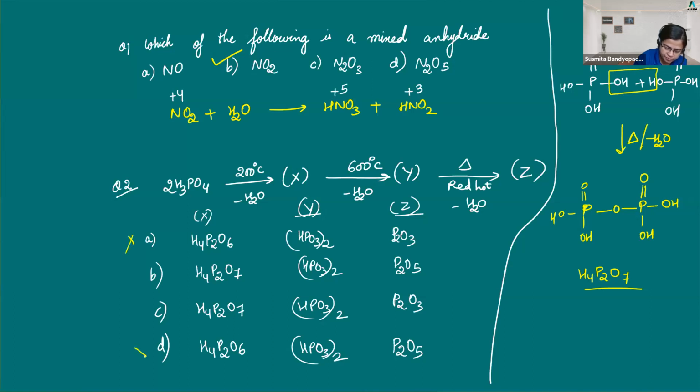Cancel, cancel. Obviously it is HPO3 whole twice. There's no other option. Here phosphorus is plus 5. Here it's plus 5. When it just loses water, will it become plus 3? No.